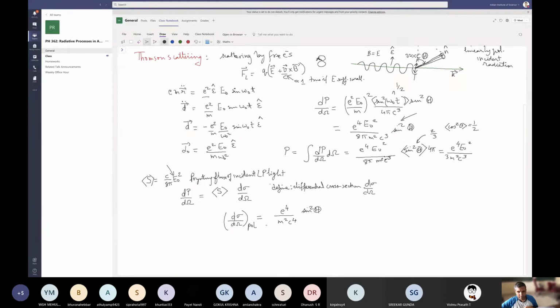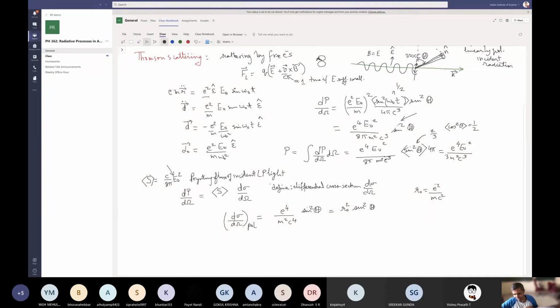Okay, so this is your differential cross section, and it is sometimes written like this. The cross section has units of area, so we can define a length like this, and this length, this R0, is nothing but e squared by m c squared.